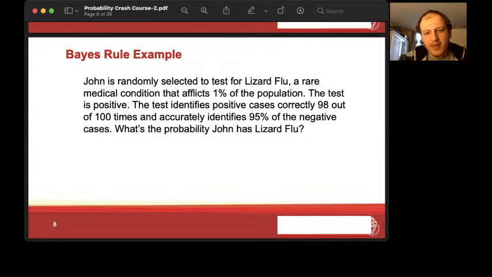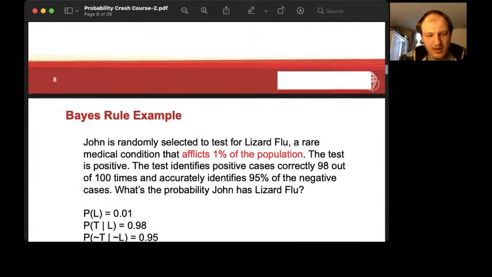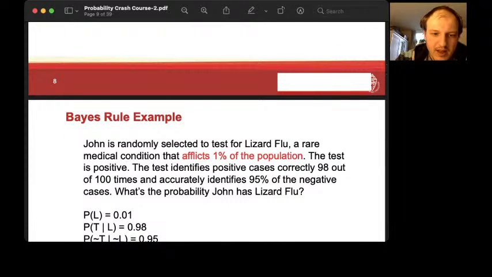So let's say the probability of L, where L is being infected with lizard flu, is 1%. Then the next will be, given that the person already is infected with the flu, the probability that the test will be positive is 98%. You can take that from this sentence.